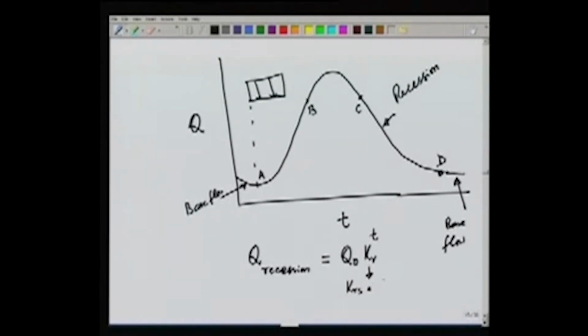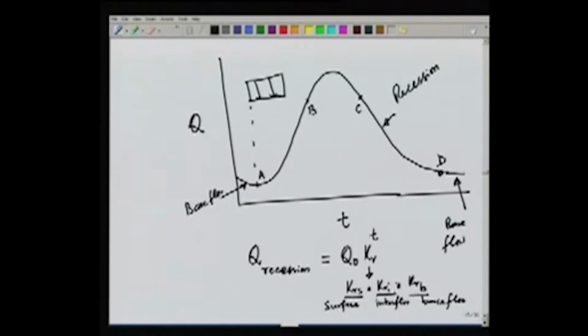KRS, KRI and KRB, which are for the surface stream, interflow and base flow. So these factors K denote how fast the surface stream discharge will decay, how fast the interflow is decaying, and how fast the base flow is decaying.